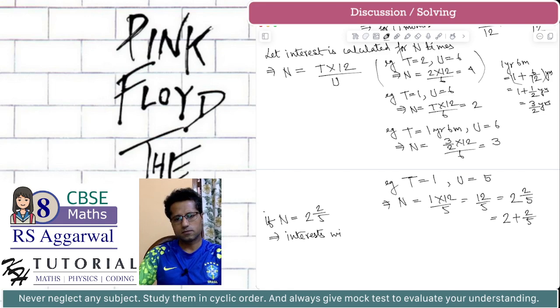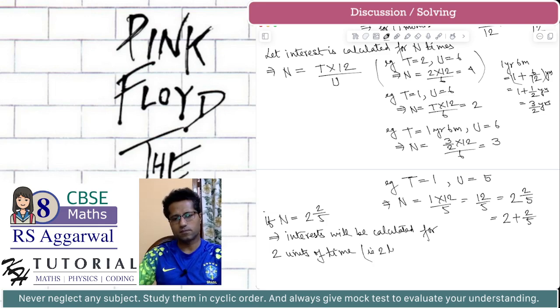interest will be calculated for 2 units of time, that is 2 units of time, and 2 by 5th of a unit of time.